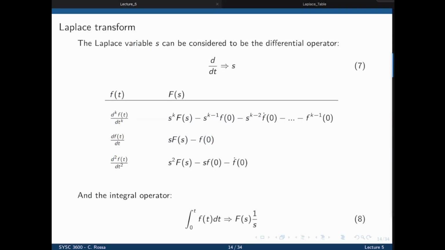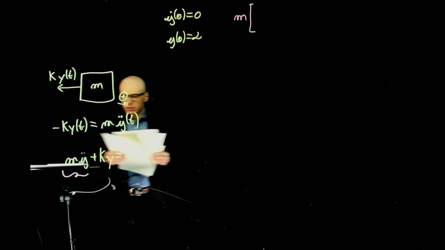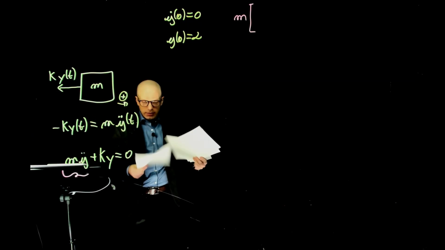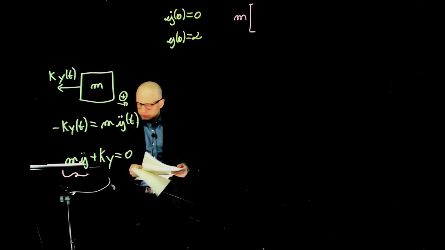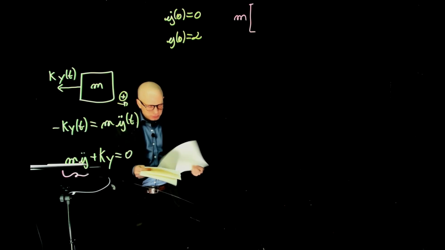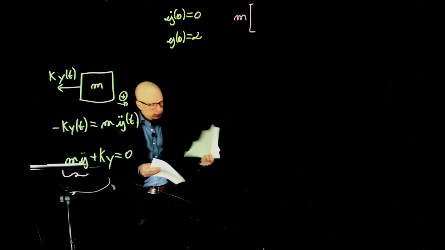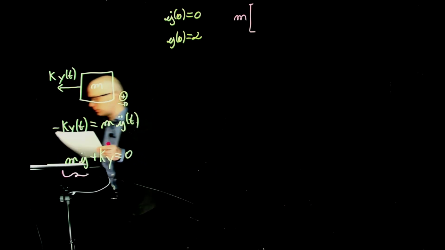So we need to account for these initial conditions. So we have these three terms to account for: s squared F of s minus s f of 0 minus f dot of 0. So tell me what goes inside that bracket there.